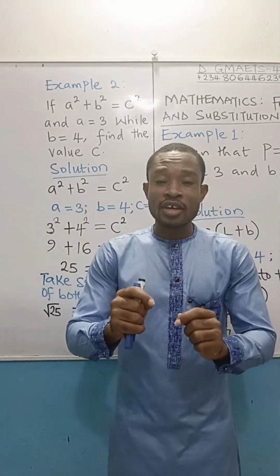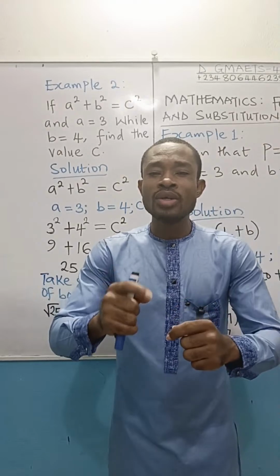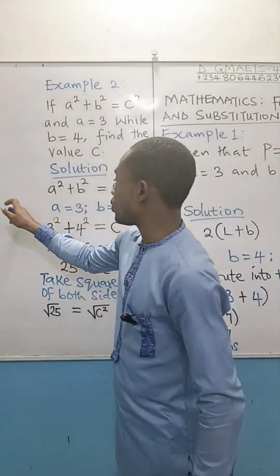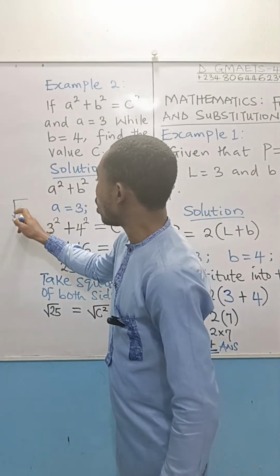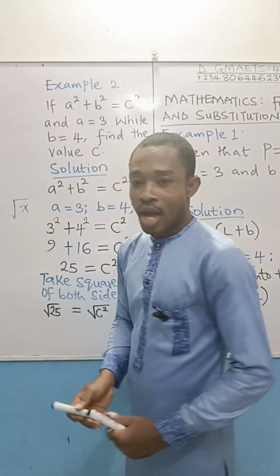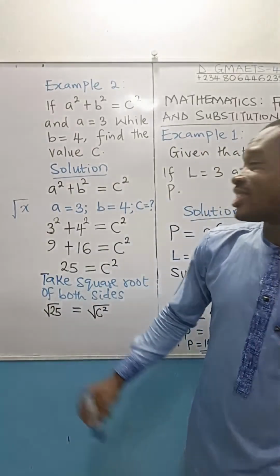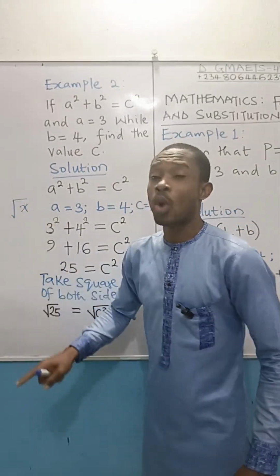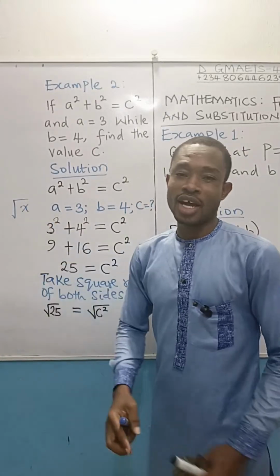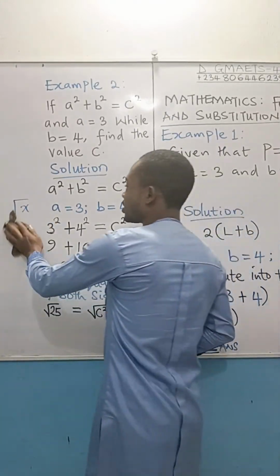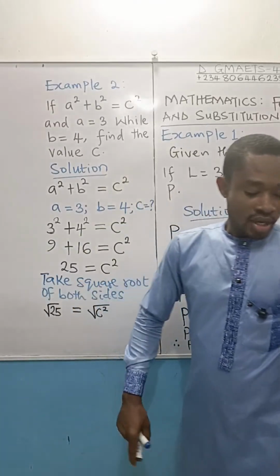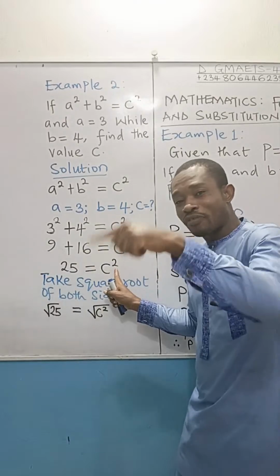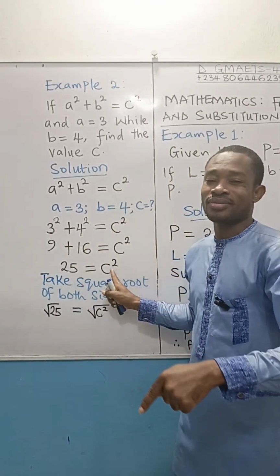The same way, let me tell you something. If I am looking for an unknown, and the unknown has square roots, the unknown has what? Square roots. For example, I have something like this, square root of x. And I am looking for x, but it has square roots. What will you do? Do the opposite, which is take square. Square it to remove that square root. So that is how squares and square roots play. To remove square, take square root of that thing that has square.